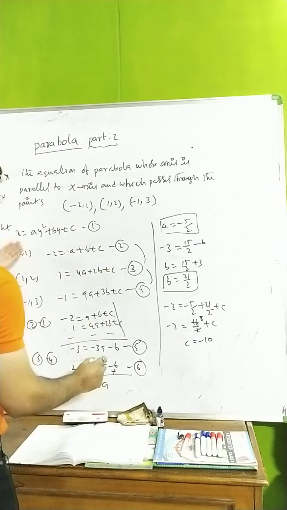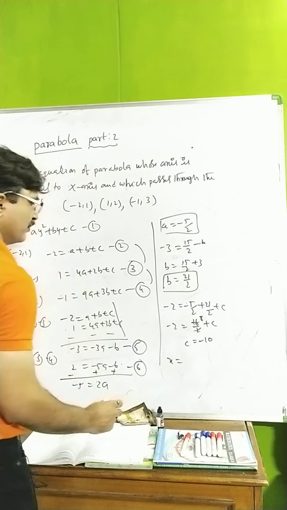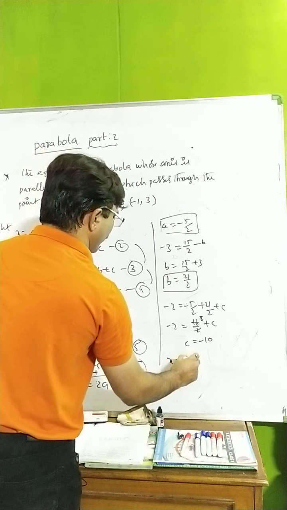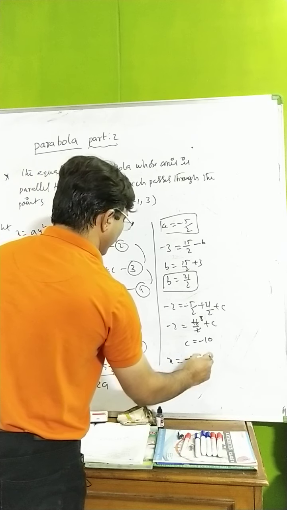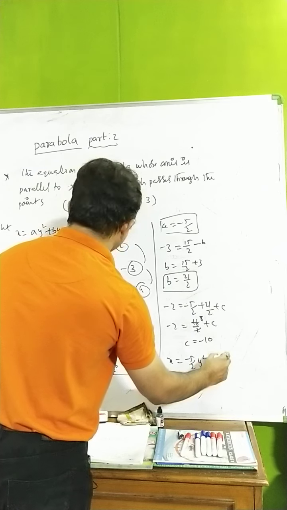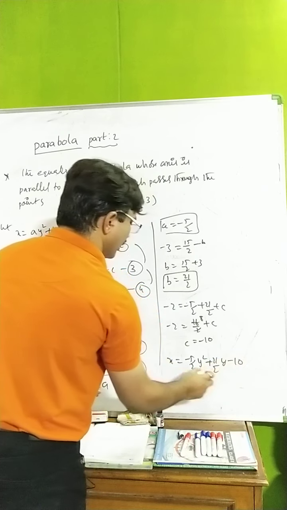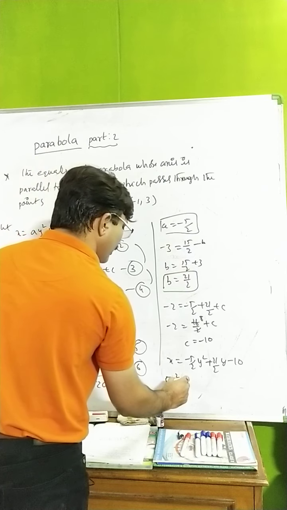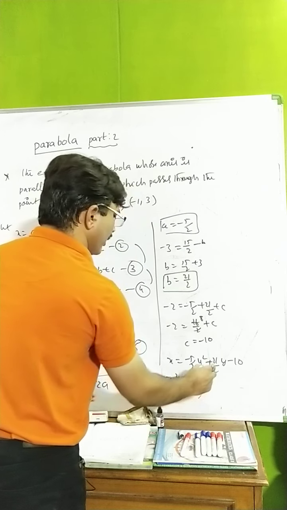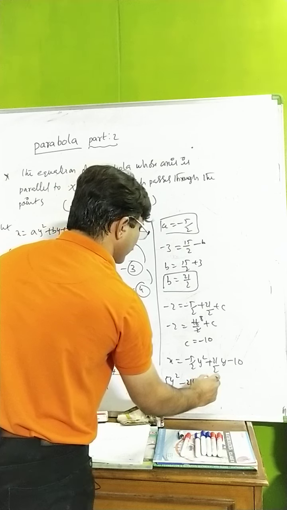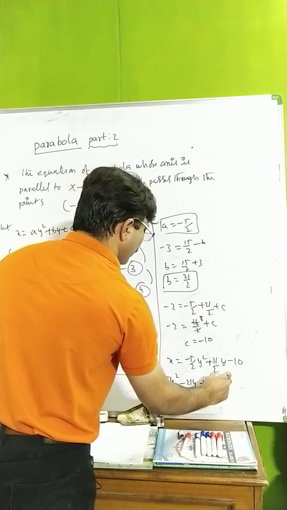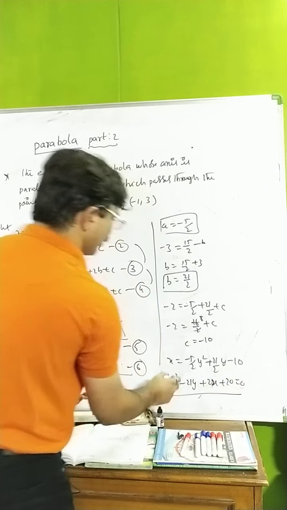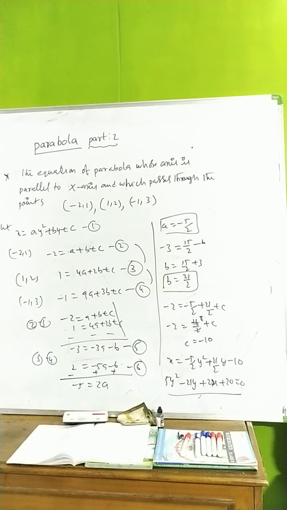Now finally the answer is x is equal to minus 5 by 2 y square plus 21 by 2 y minus 10. Or finally you can write it like this, 5y square minus 21y plus 2x plus 20 equal to 0.